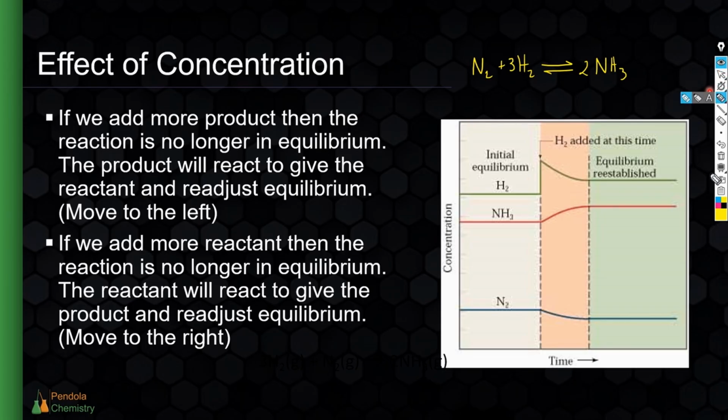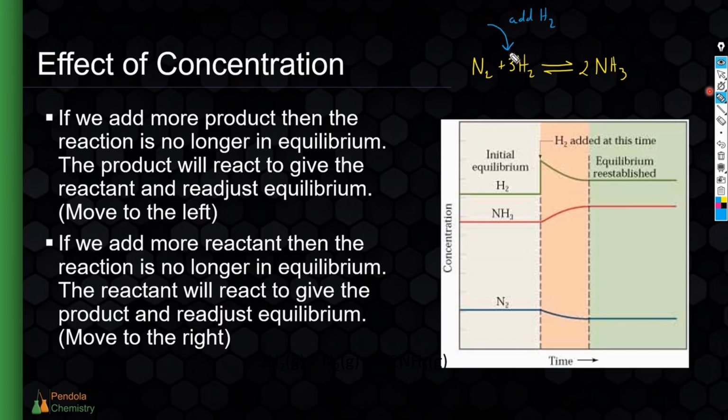If we add hydrogen to this mixture, we're increasing the concentration of a reactant. Le Chatelier's principle says that in order to counteract that additional hydrogen, the equilibrium is going to shift either left or right to do the exact opposite.